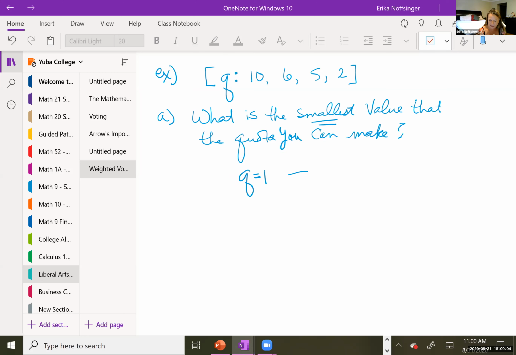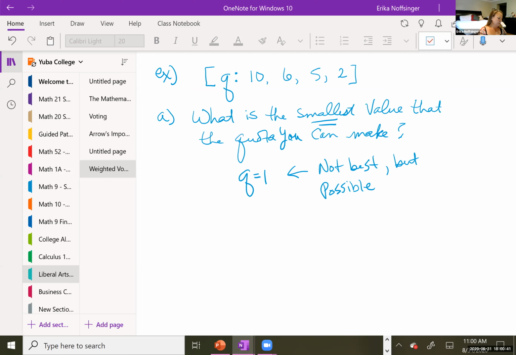So it's not the best, but it's possible. So technically, 2 could also be, but it's not the smallest. That could be a quota, and the same kind of reasoning there, that if one person votes yes, then the motion passes. If we go up to 3, though, then poor little player 4 in this case couldn't by themselves pass a motion.